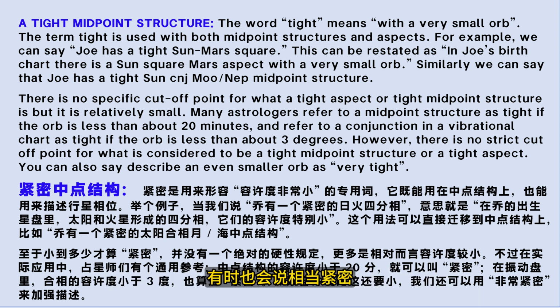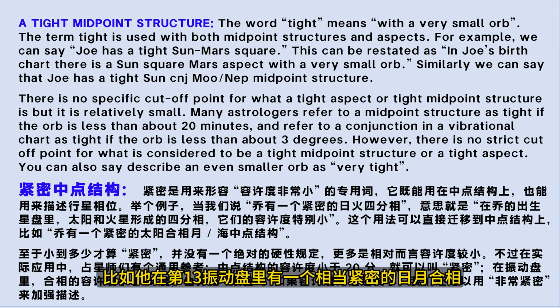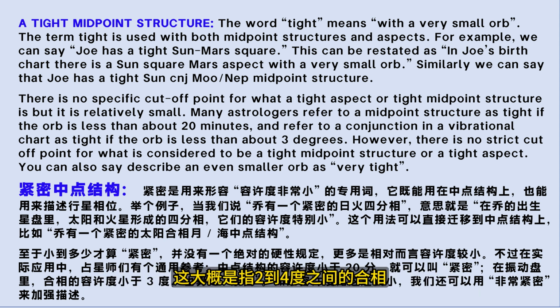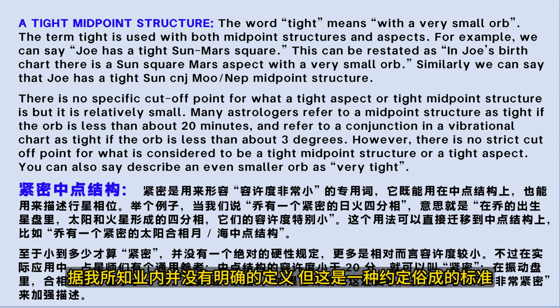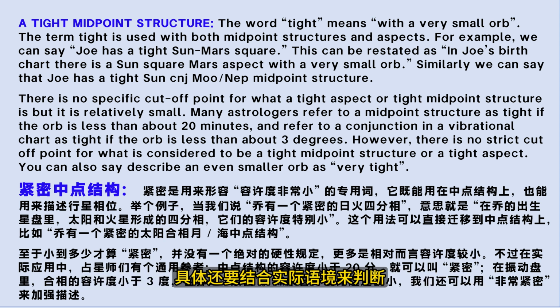Sometimes people say fairly tight, like, he has a fairly tight Sun conjunct Moon in the 13 vibration. That makes me think 2 to 4 degrees. This has never been discussed exactly, as far as I know, and it can also depend on the context. We tend to use smaller orbs in compatibility and relocation, and other things can influence what we think of as tight or fairly tight orbs.